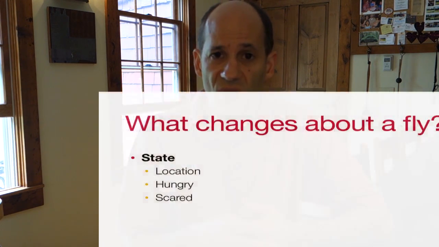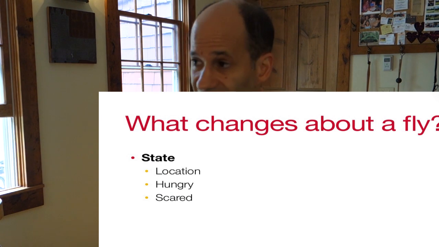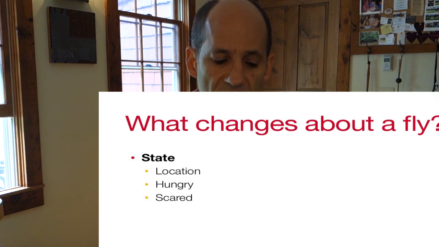Maybe it is hungry or not hungry. It might get scared if it senses something that could hurt it, if it's in danger. And it might be tired. Maybe it doesn't feel like flying. Maybe it would rather rest. That's a simple representation of the state of a fly or a moth.